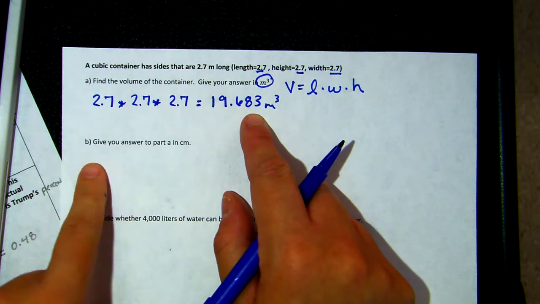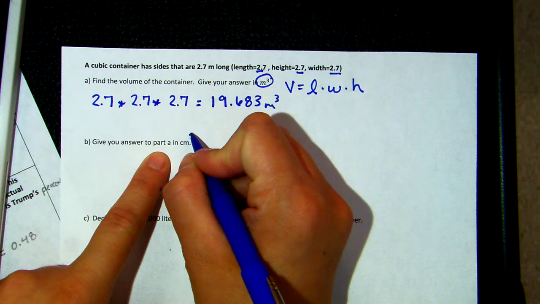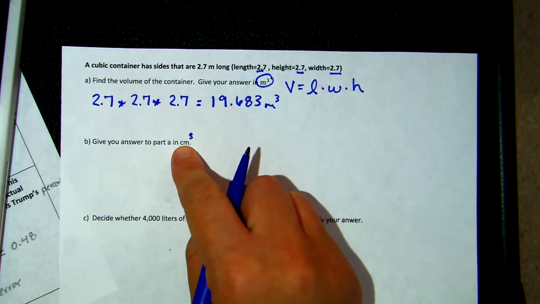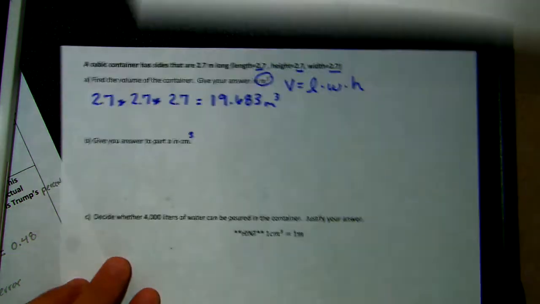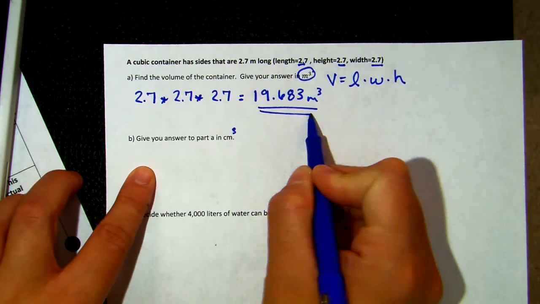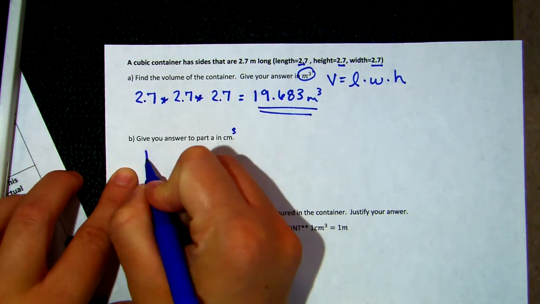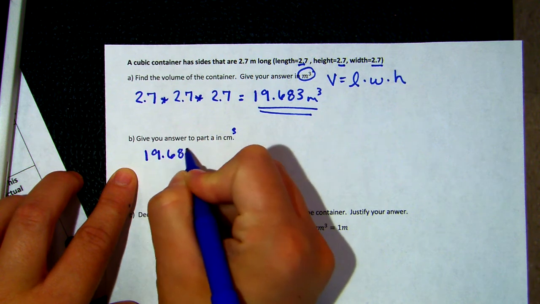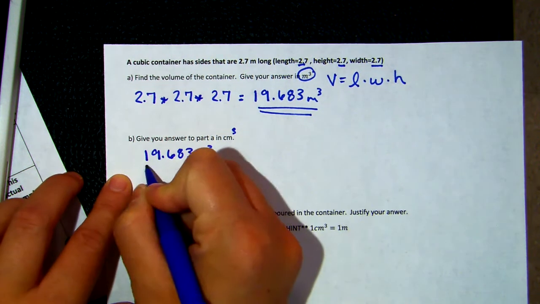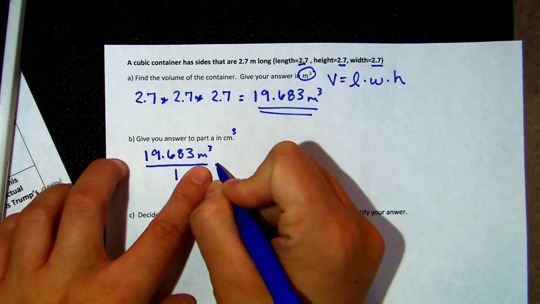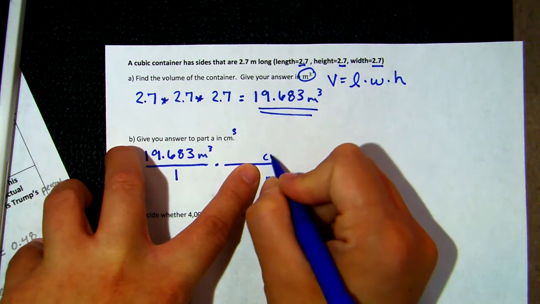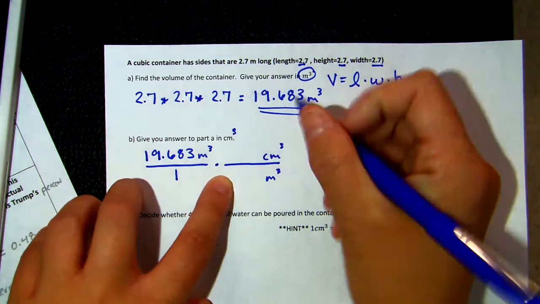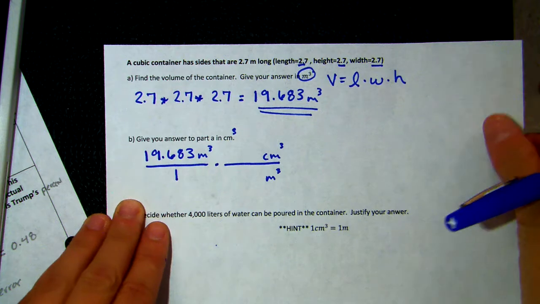Okay. Next, it asked me to give my answer in part A in centimeters cubed. So I need my unit conversion chart. I'm going from meters to centimeters here. So I'm going to set up what I'm given first, which is what I just found. I'm given 19.683 meters cubed over 1. So that means meters cubed has to go on the bottom. Centimeters cubed has to go on the top. Of these two, centimeters is my smaller unit.